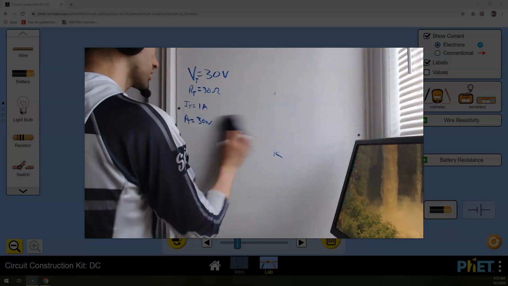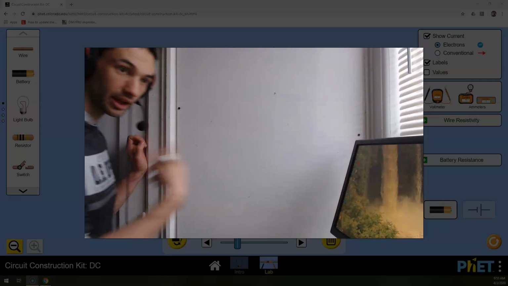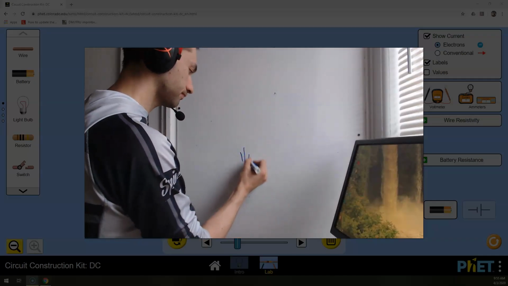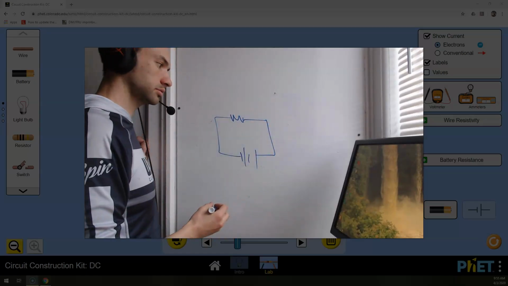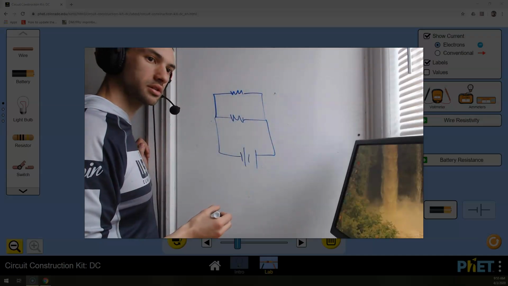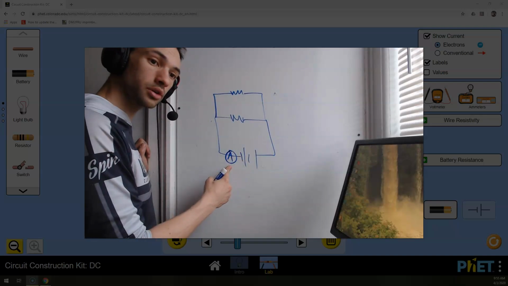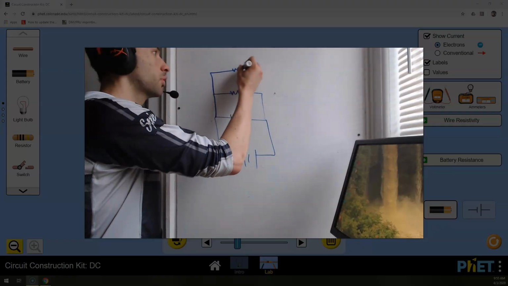Now parallel circuits are a little bit different. Every time I add something new in parallel, I increase my current, right? So I've got my battery. No matter what, if I add a new resistor, no matter how big that resistor is, the total current gets more and more and more because I have more paths to take.